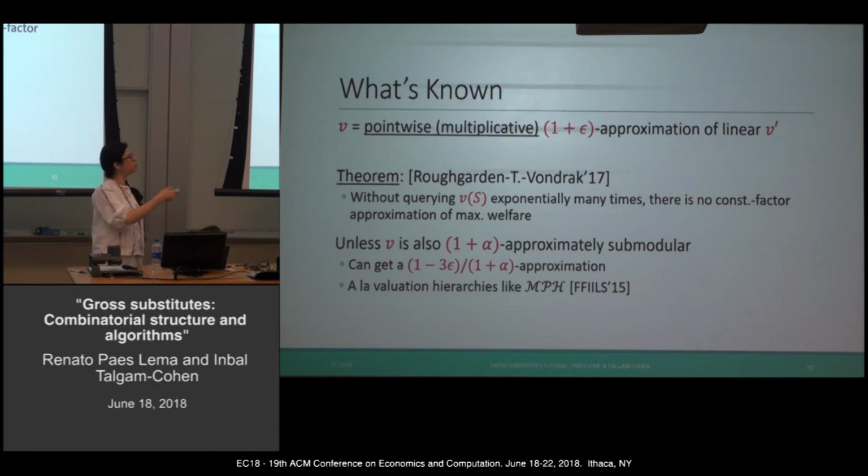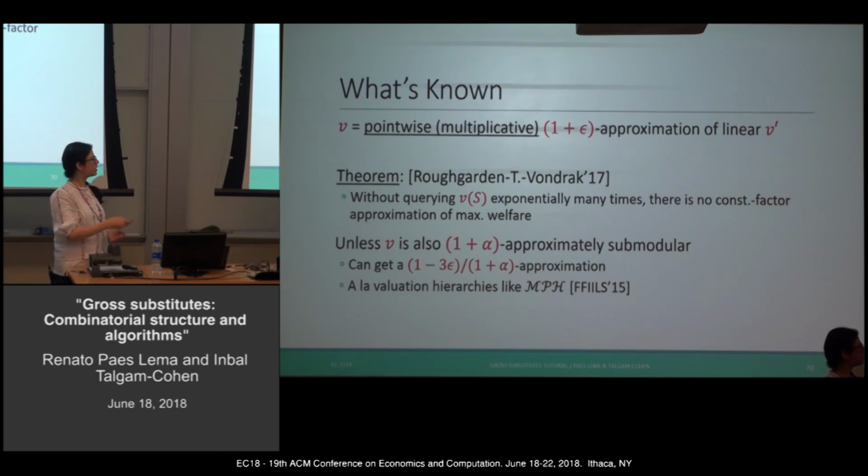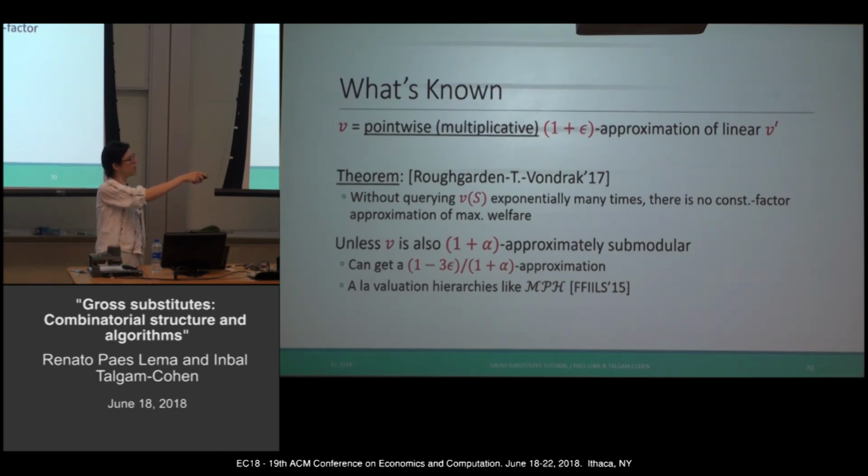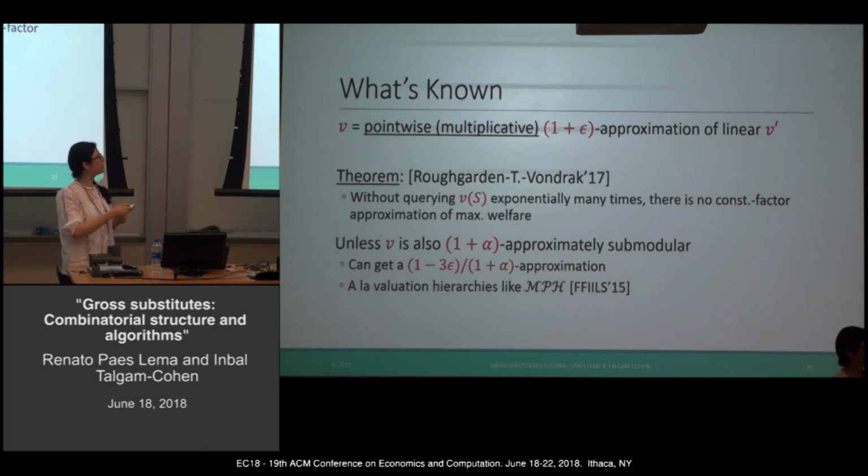What we are able to show is that if you're also approximately submodular, then you can get some approximation that depends on both how far you are from the linear function and how far you are from submodular. And this is maybe reminding you a little bit of the valuation hierarchies.